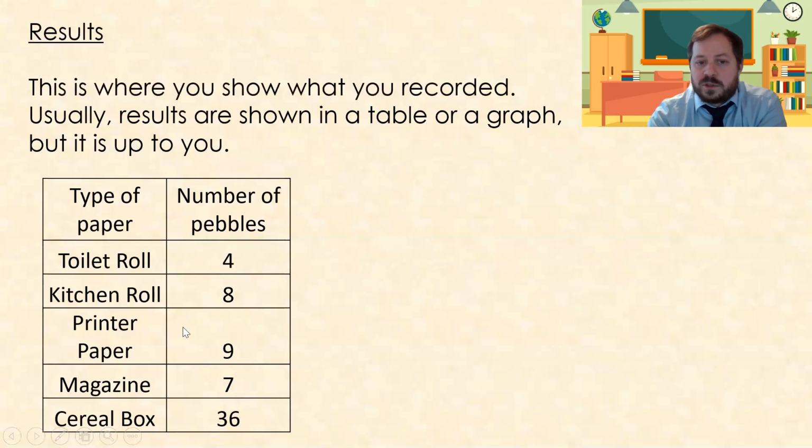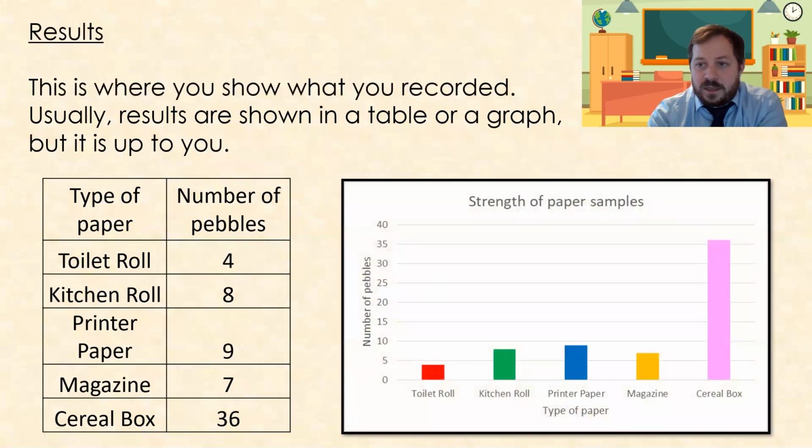This one here is what you're measuring. And what you're measuring is the number of pebbles it takes for that piece of paper to tear. So the number of pebbles is the changing thing. So this is the independent variable, this is the dependent variable. And that means that we can then put it into a graph.